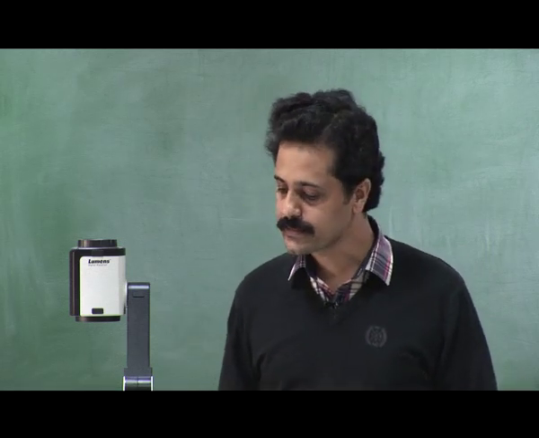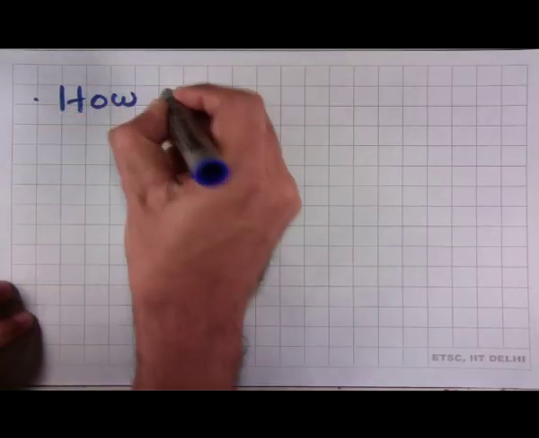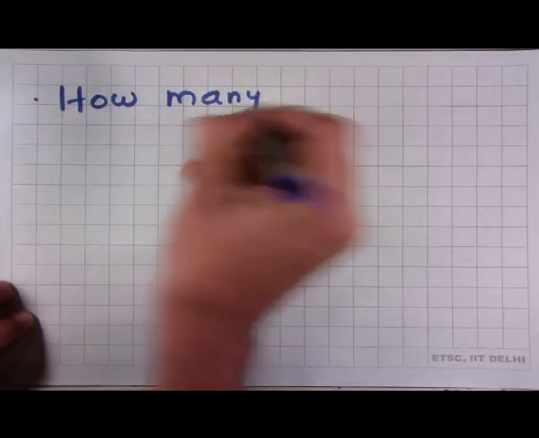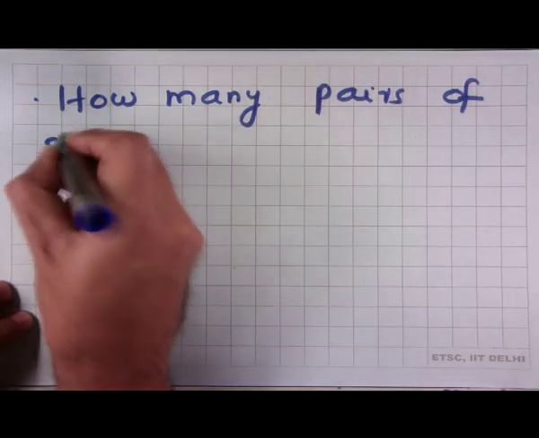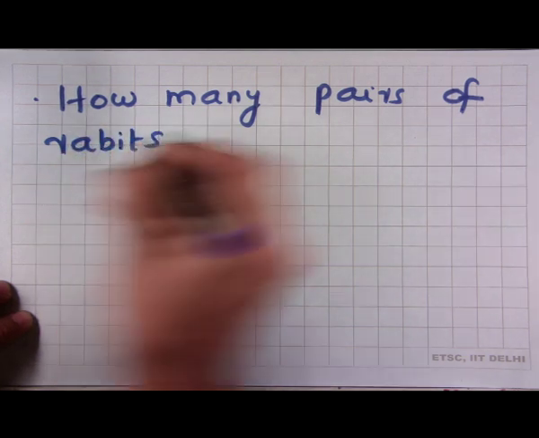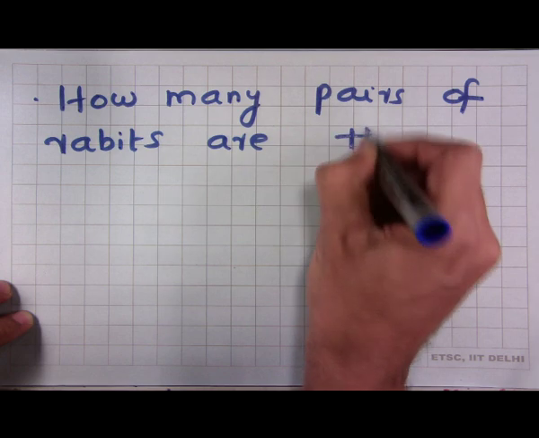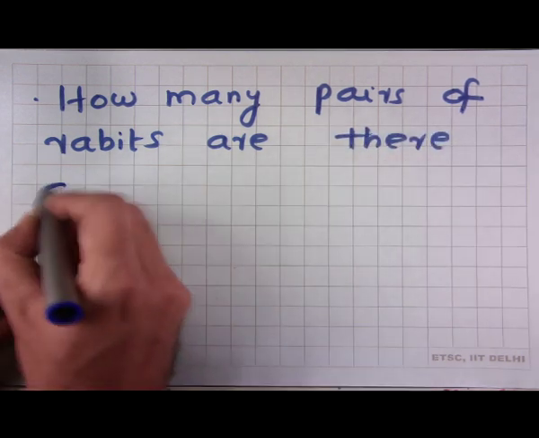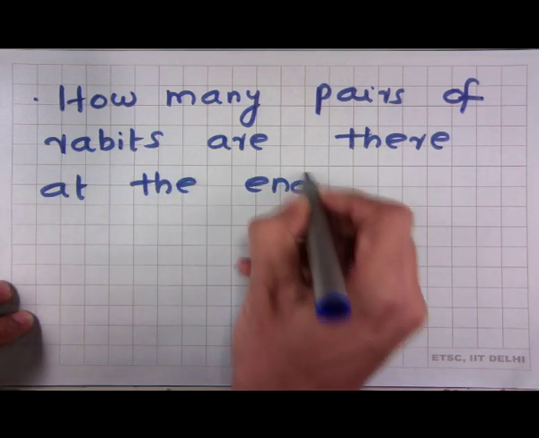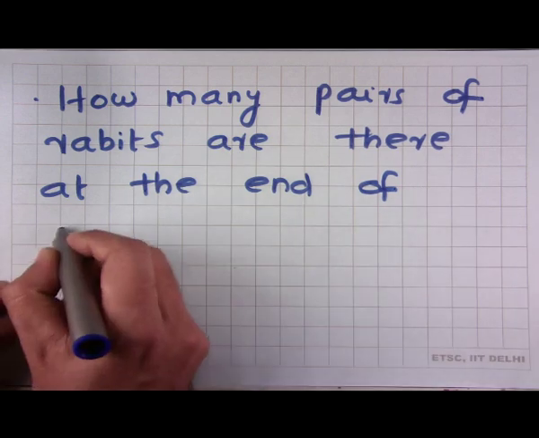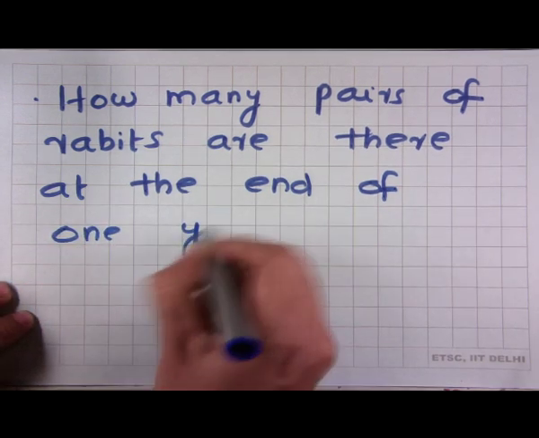And the question is, how many pairs of rabbits are there at the end of 1 year, let us say. This is the question.